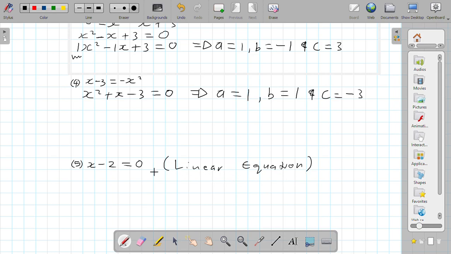So here, as you can see, you don't have an x squared anyway, so you can simply write it in this way. You can have something like 0x squared plus x minus 2, which is equals to 0. Therefore, from this part, values of a for this one is equals to 0, b is equals to 1, and lastly c is equals to negative 2.